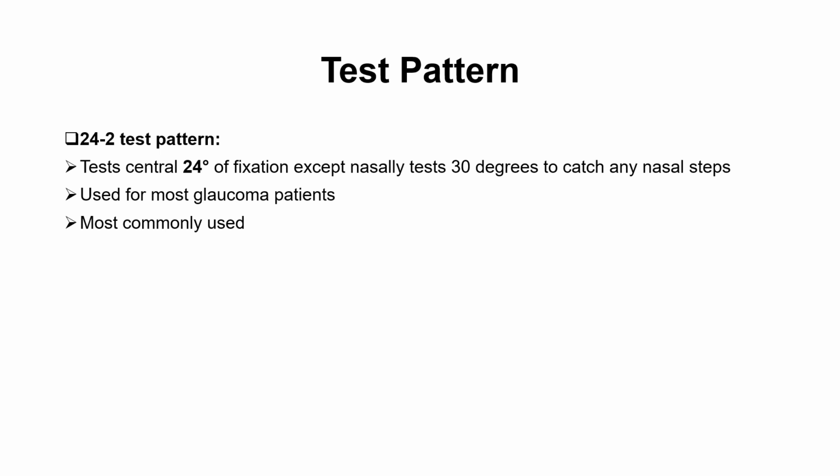And this is why you don't see a complete regular circle. You see a tail, and this tail represents the nasal 30 degrees. It's very commonly used for most glaucoma patients, and usually this is the most commonly used test pattern, the 24-2.